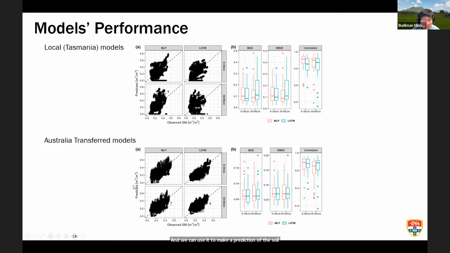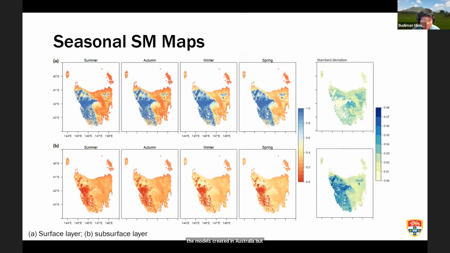So what we show is that if we just use the local model that is calibrated in Tasmania, the performance is not as good as if we use the Australia transferred model. That means the model is created in Australia, but calibrated locally in Tasmania.